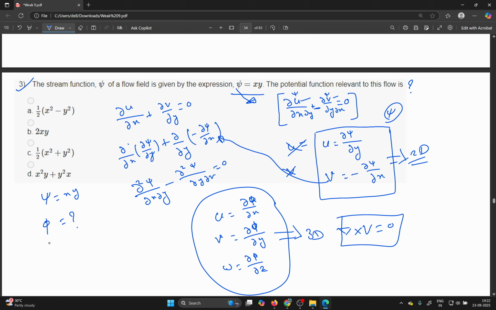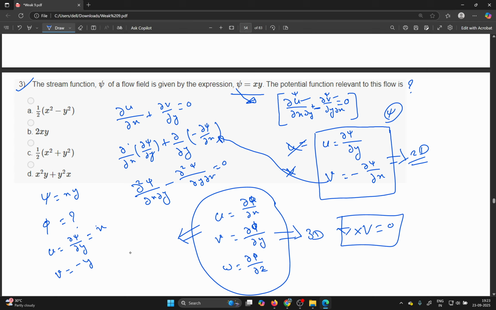So let us first calculate your u value. You calculate del psi by del y, so you will get x only, and v, when you calculate, you will get minus y. So now I know very well these two things, u and v.